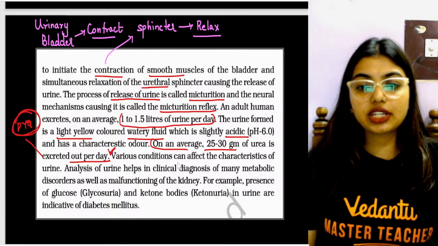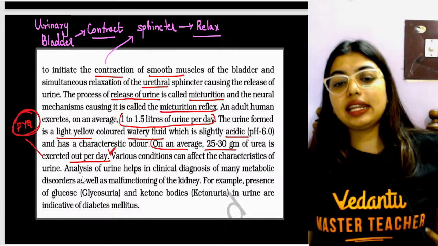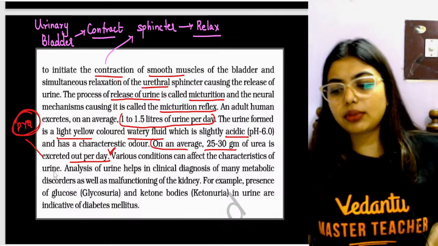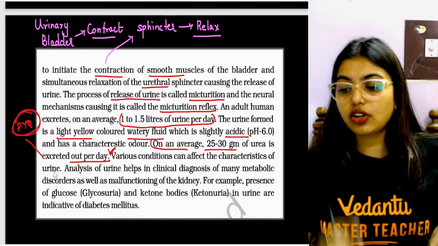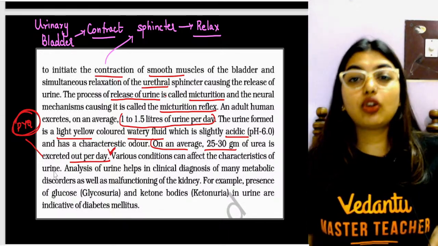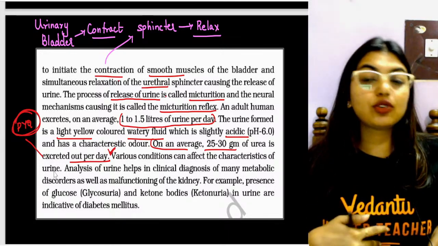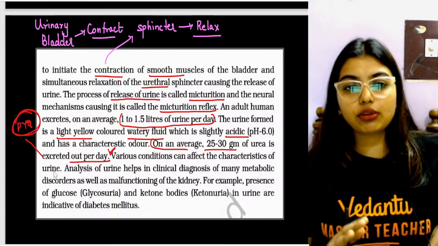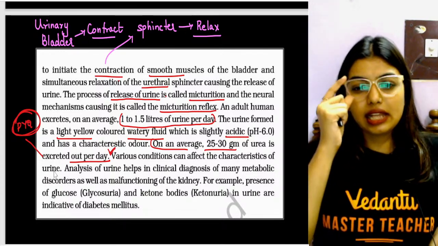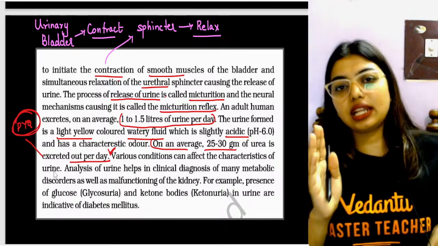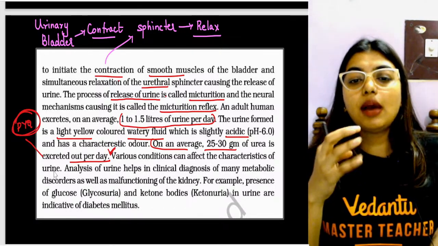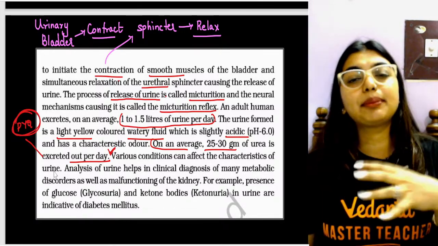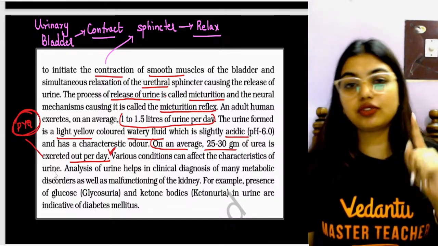Now, various conditions can affect the characteristics of urine. Analysis of urine. So students, when we were small, we used to do a lot of urine tests. Why? To check if you have any urine infection, and whether the kidney is functioning normally. Nowadays it has become a little less, but still it is one of the preliminary tests, a primary diagnosis used to happen because of the urine test.